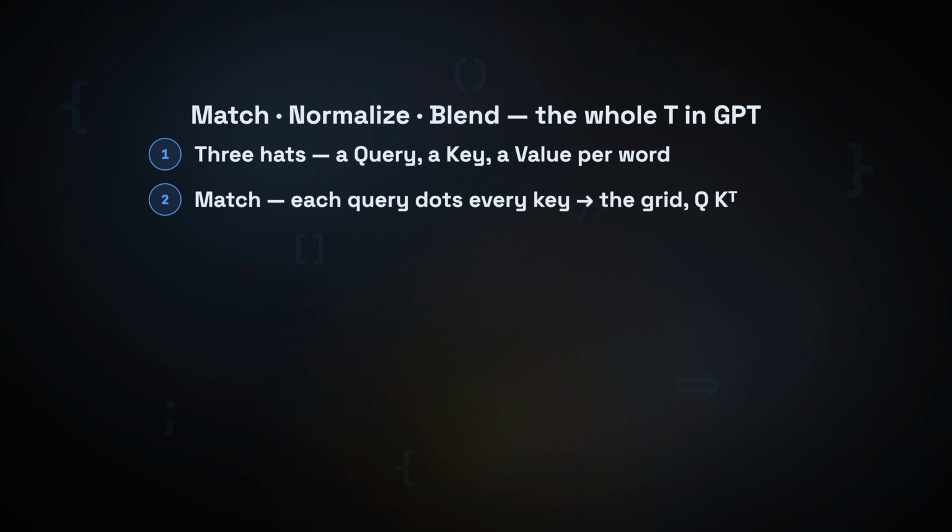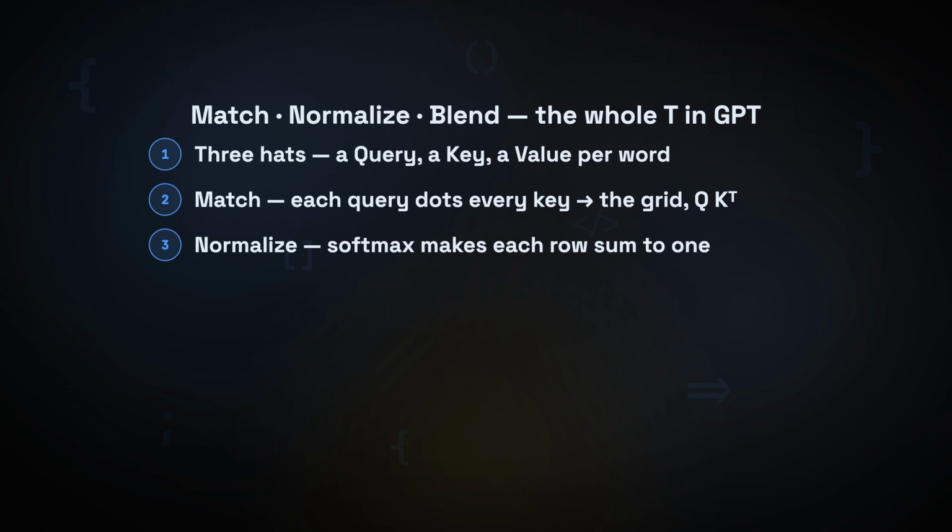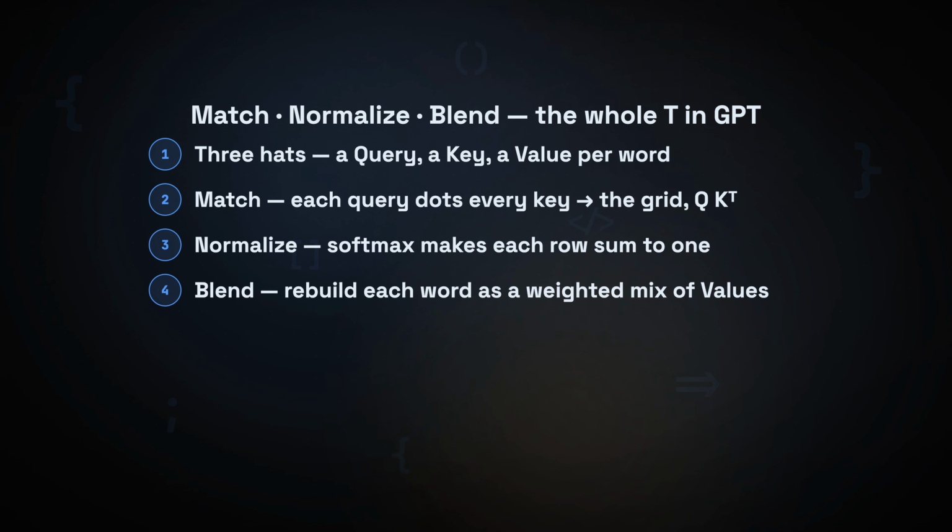Each query dots against every key to score relevance, filling that grid, QK transpose. 3. Normalize. Softmax turns each row into percentages that sum to 1. 4. Blend. Each word rebuilds itself as a weighted mix of values, heavy on what it matched. Match, normalize, blend. That is the whole T in GPT, the formula behind every model you've ever used, and it is exactly what let it find the animal.